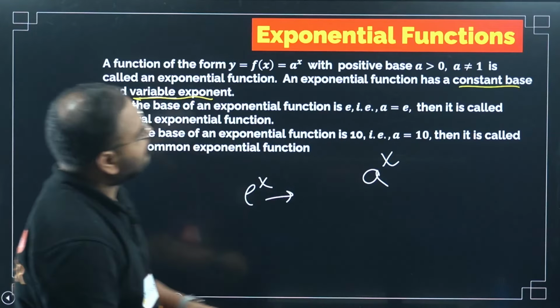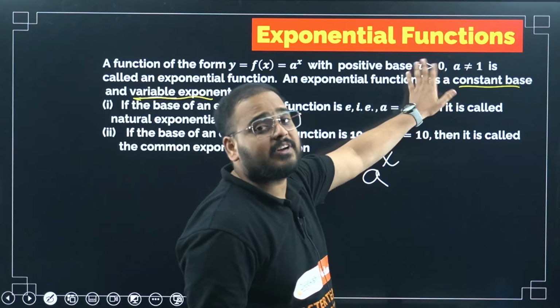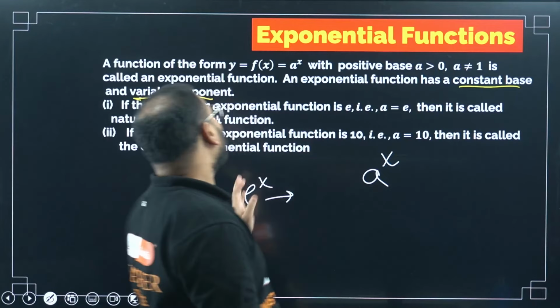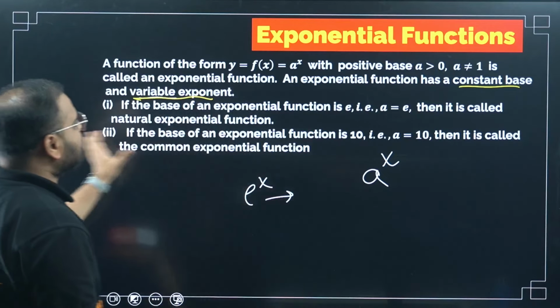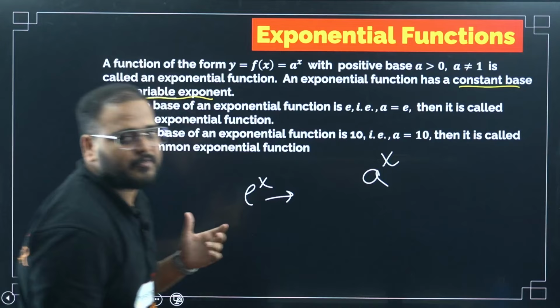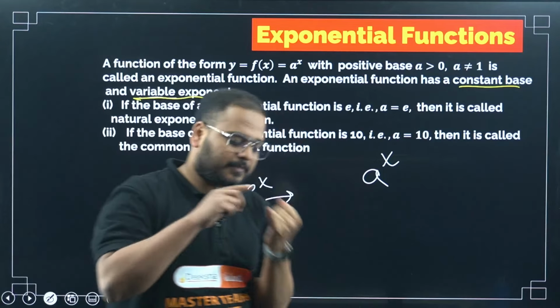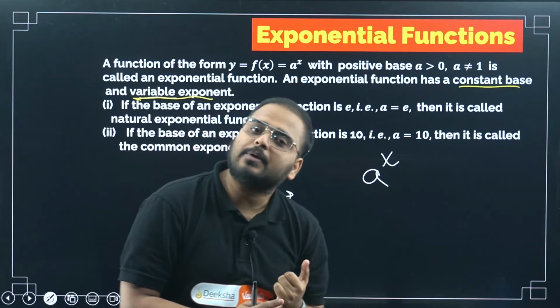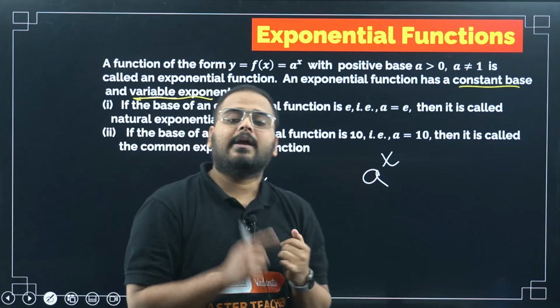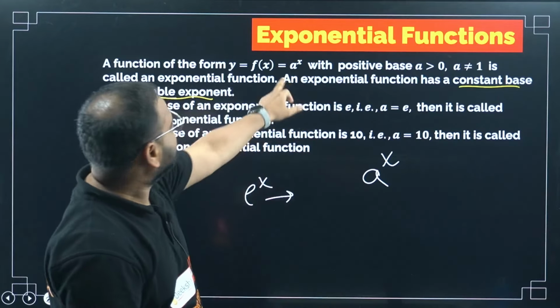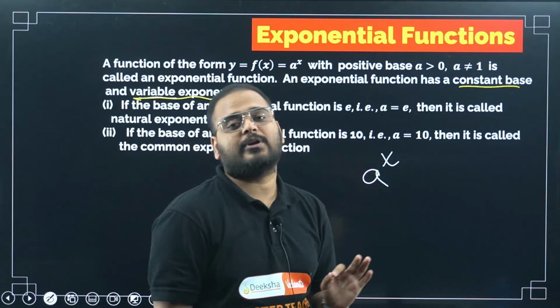So a cannot be equal to 1 and a is always greater than 0. That's the definition of the exponential function. The conditions: a should not be equal to 1, a should be positive, the base is constant and the exponent is variable.